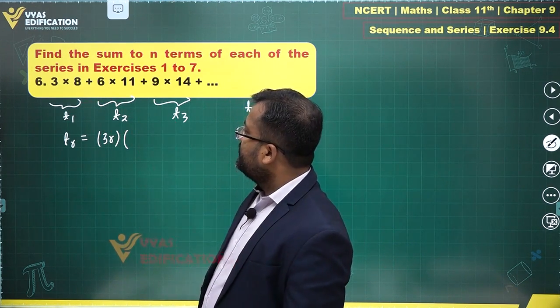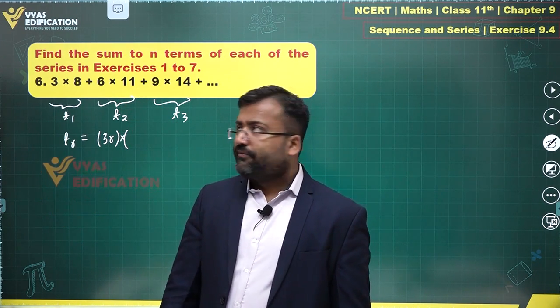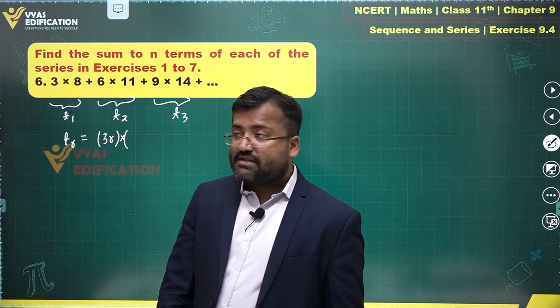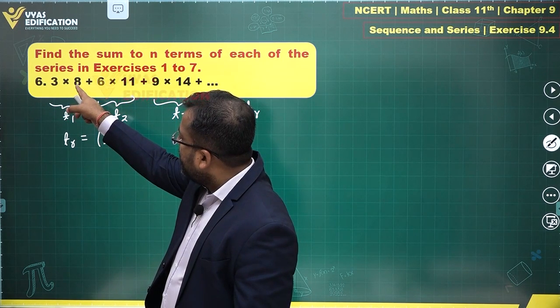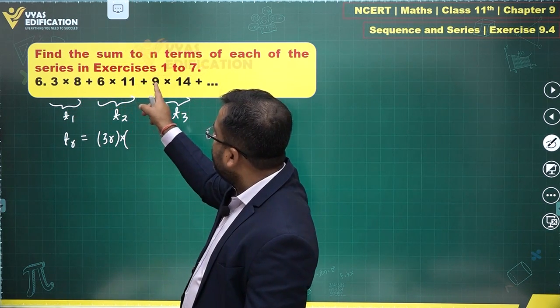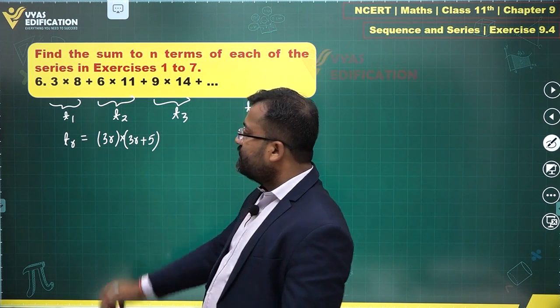What about the other numbers? Into 8, 11, 14. These are again in arithmetic progression. The common difference is 3. Or you can simply see this, you add a 3 and you get this, you add a 3 and you get this.